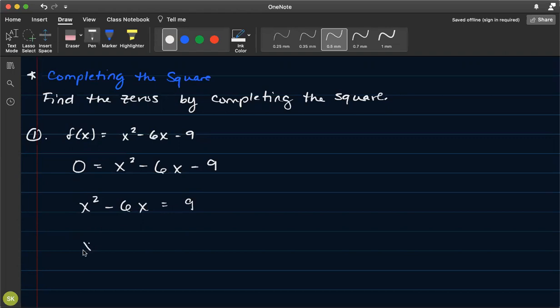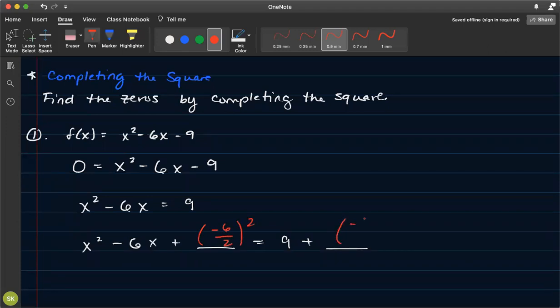And now I'm going to put a plus blank and a plus blank. I want to add something here and add it here as well, because I don't want to change the equation. So what I'm going to add is I'm going to take this part with the x, the negative 6, and divide it by 2 and square it. And I'm going to do that over here as well.